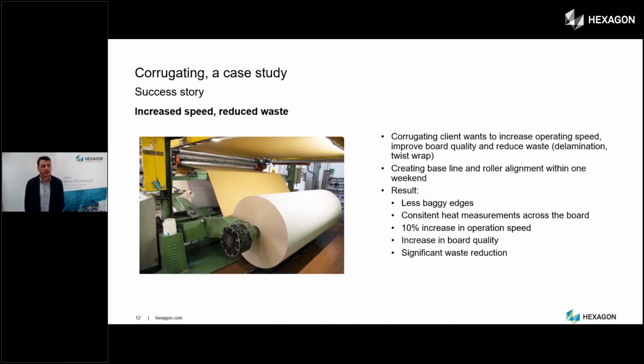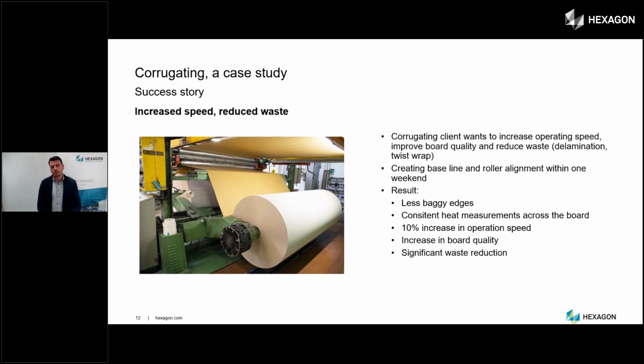Then corrugating, a case study here from the US, as an example. The corrugating client wanted to increase the operation speed, as I mentioned before, but he also saw some twist and delamination. So one side was maybe a little bit too tight, the other had some baggy edge, so the quality was not quite right.